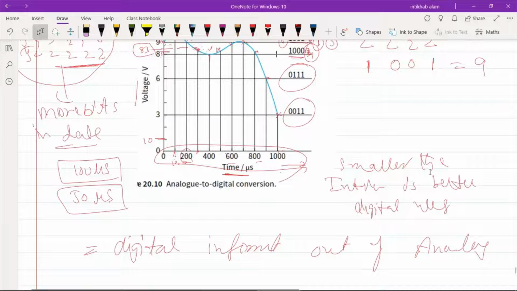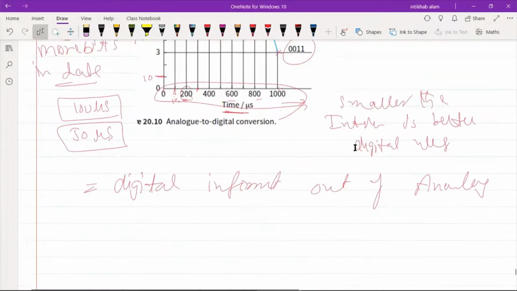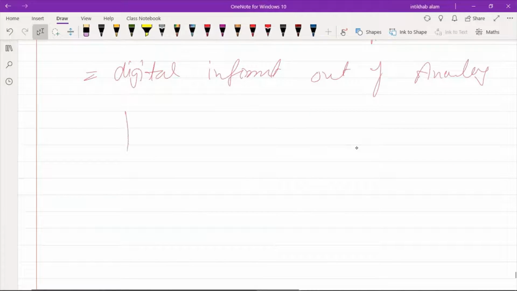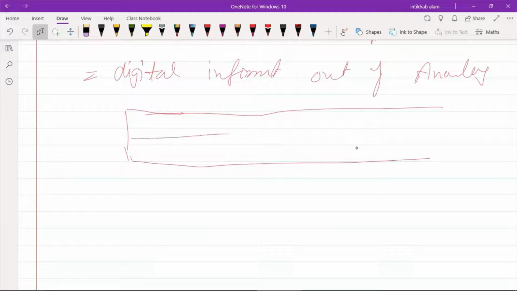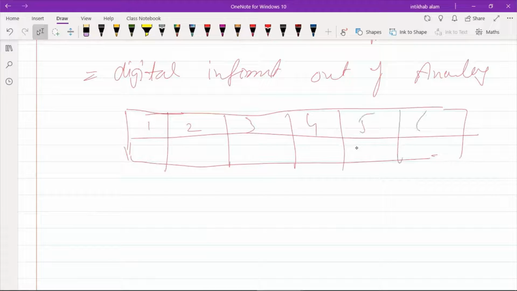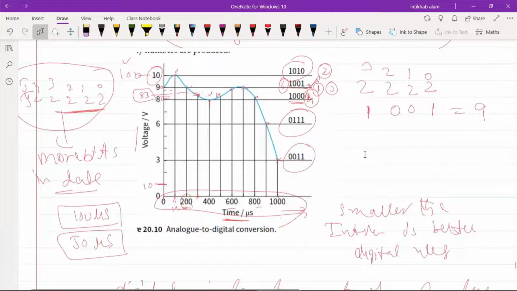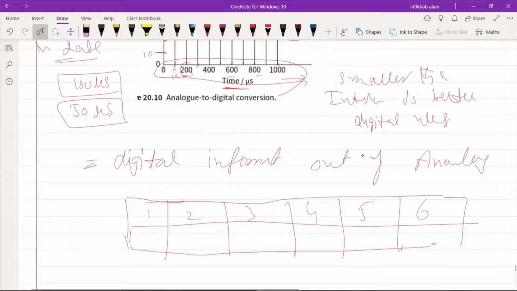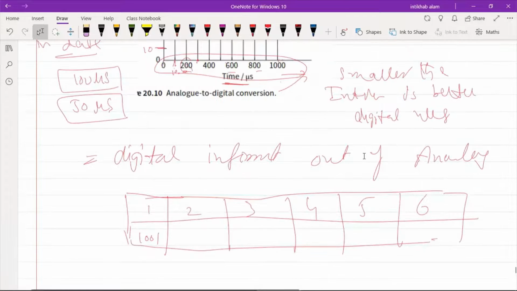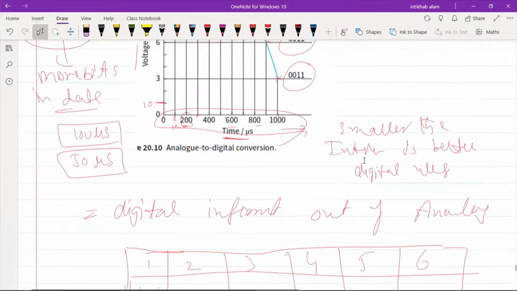Oh, he's in again. So what we do, we can just make a table, and into the table, according to the numbers of the samples, the first sample, the second sample, the third sample, the fourth sample, the fifth sample, the sixth sample. The first sample which we have taken was 1001. Then the second sample which we have got was 1010.